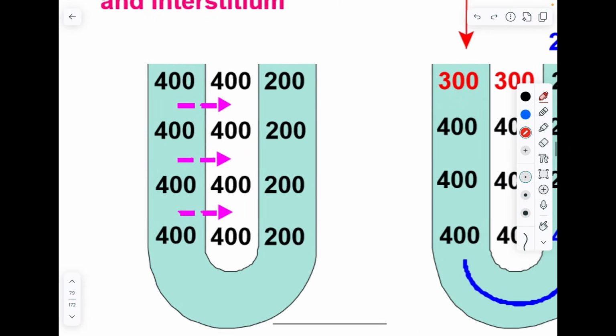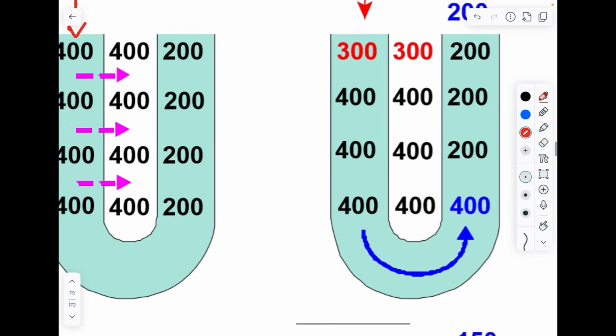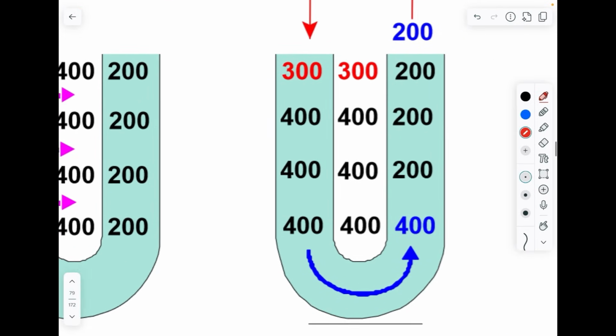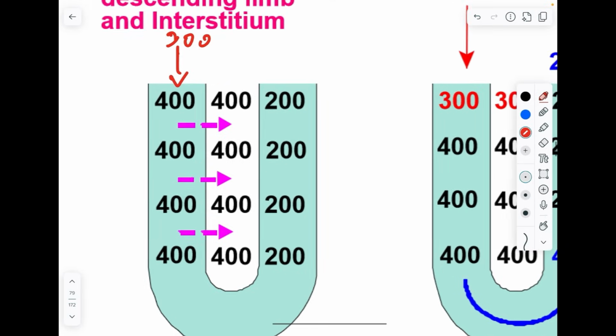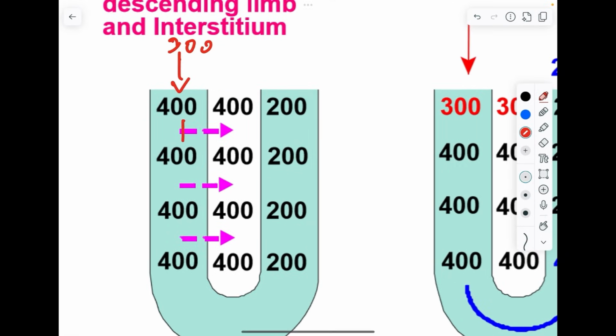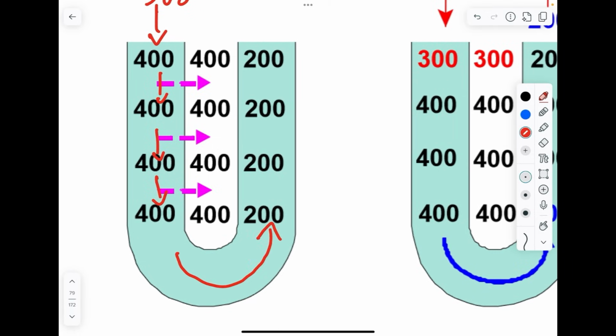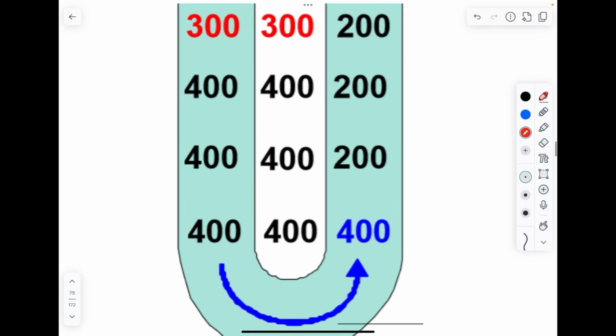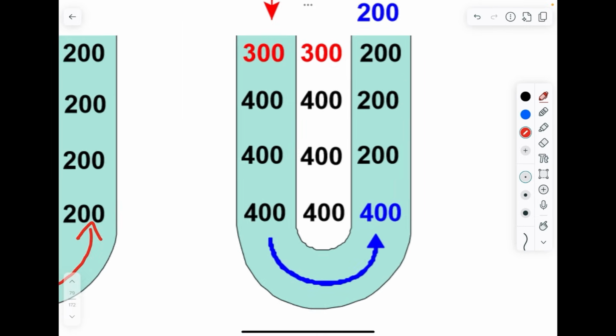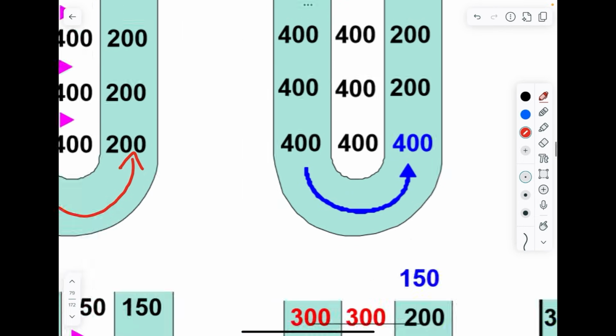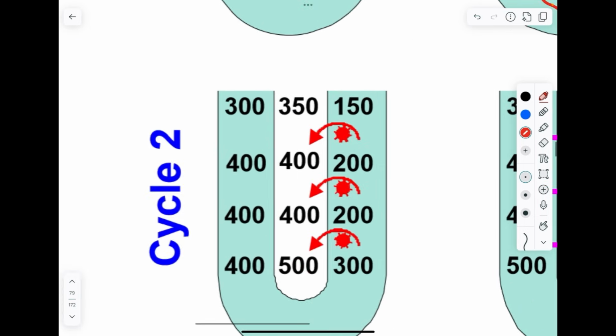And then some new urine is coming from here with its 300 milliosmol concentration. And that will lead to this. This 300 will push the 400 down, and this 400 will push the 400, and 400 push 400. And 400 comes in place of the 200, and you reach this stage. Now you start a second cycle. How? Start the same thing: you want to build this 200 milliosmol difference.